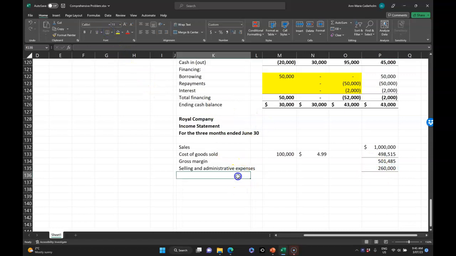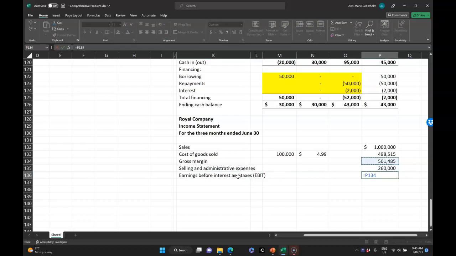And then that's going to give us our operating income. Or maybe I'll even call this income or earnings before interest and taxes. So EBIT. So take the 501,485 and then subtract the 260.